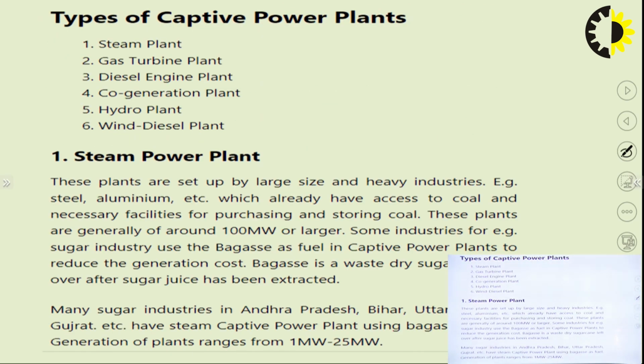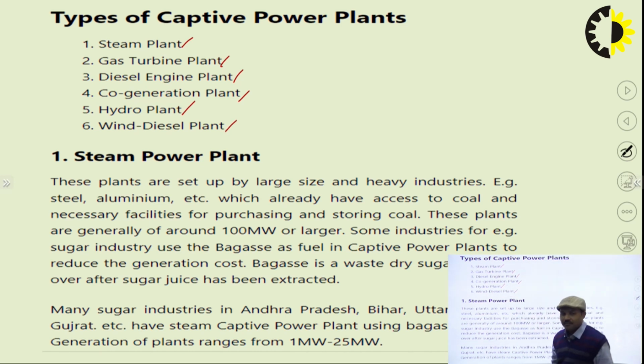So let us see what the different types of captive power plant are. The most important and common type is the steam plant, then gas turbine based plant, diesel engine plant, cogeneration plant, small hydro power plant, and wind and diesel.